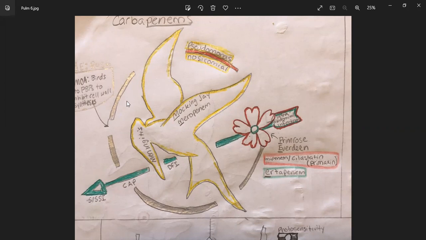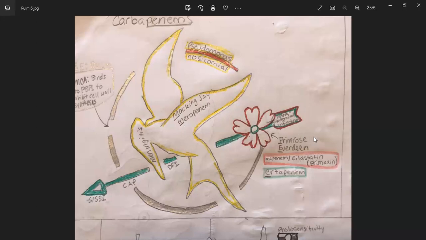That's shown by this circle around the outside. It's broken up because the cell wall is being inhibited. Adverse effects are still your rash. And the drugs in this category are meropenem. So we have our mockingjay, meropenem. They both start with M's.